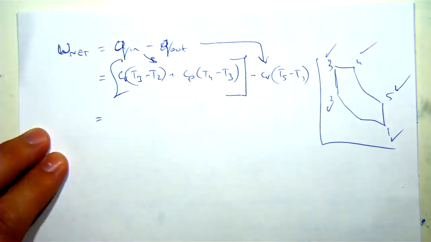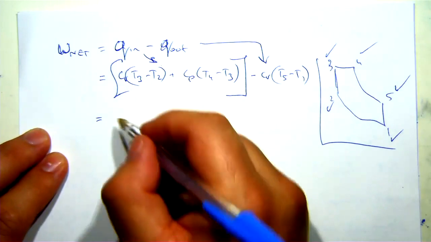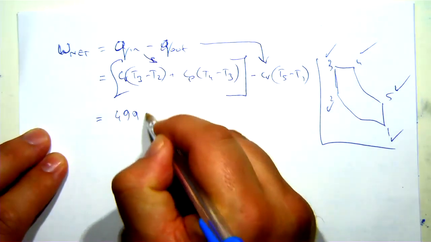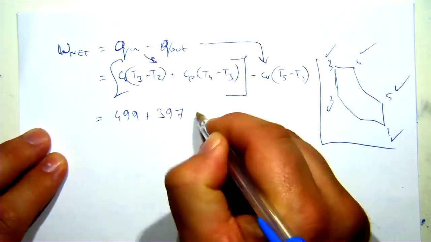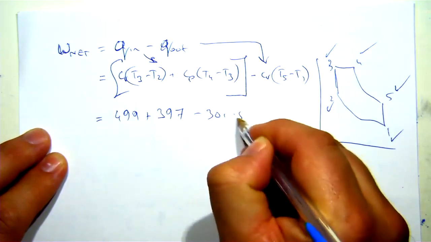If I plug all of those in, and I'm not going to write all the numbers down right now, I get 499 plus 397 minus 301.56.